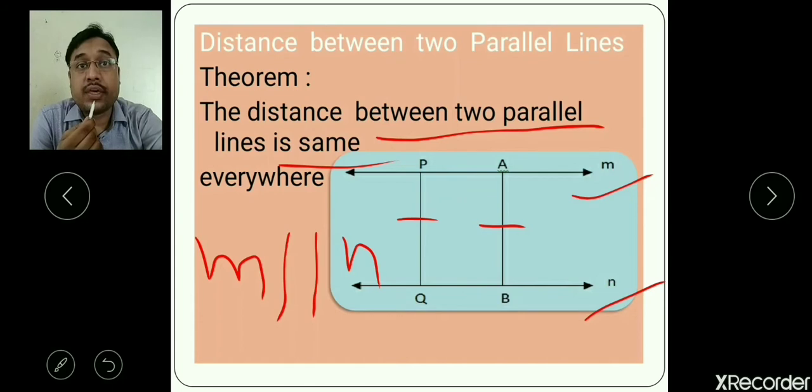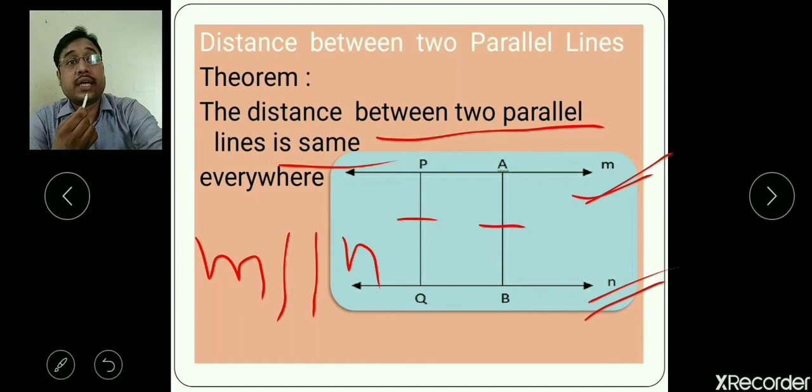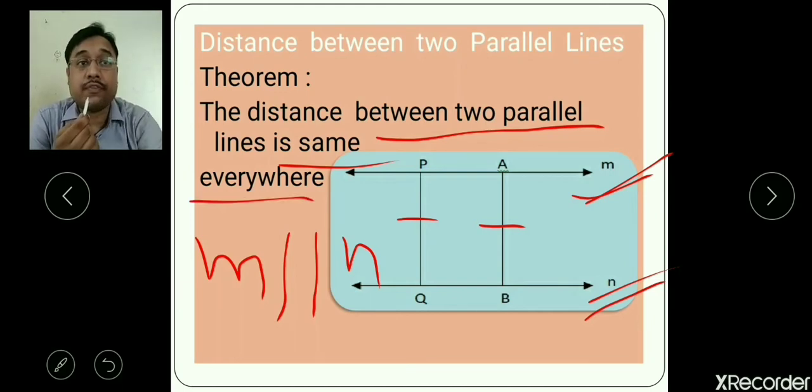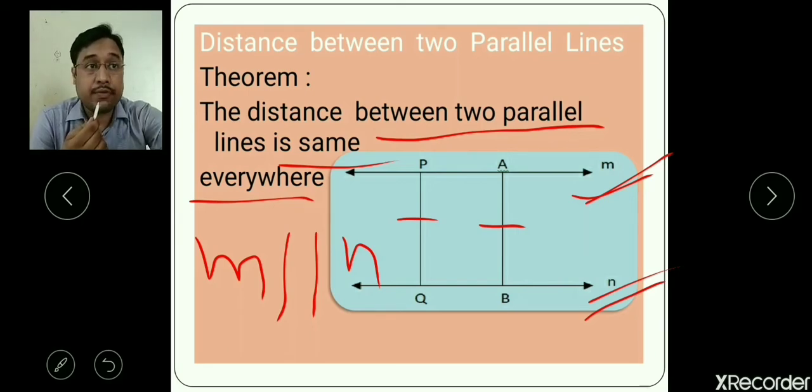PQ and AB are the perpendicular line segments drawn between the lines M and N, and their measurement is equal. That represents that these two lines have the same distance between them. Which two lines? M and N. So we can say that the distance between two parallel lines is the same everywhere. I hope it is clear, students. Distance between two parallel lines is the same everywhere.